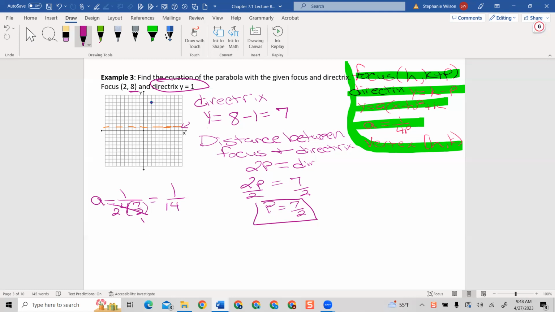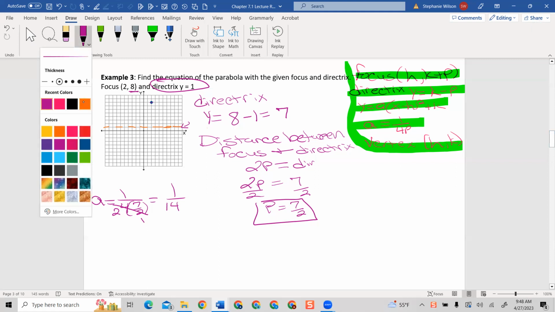So moving on to the next step, now that I know what a is, I want to figure out what k is. I'm going to give you the formula for it right quick. Okay, so let's find k.